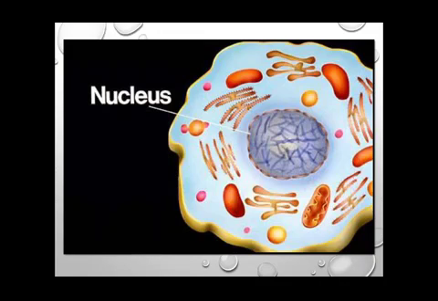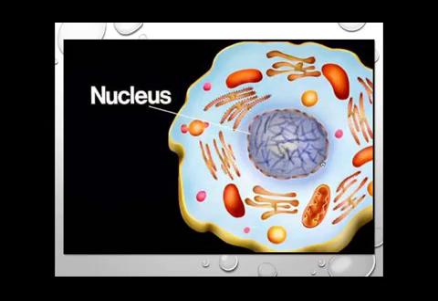If you look at this figure, here is the double layered nuclear membrane. This is the cell, and in the cell the nucleus is present in the center. The double layered nuclear membrane surrounds the nucleus and has pores in between.